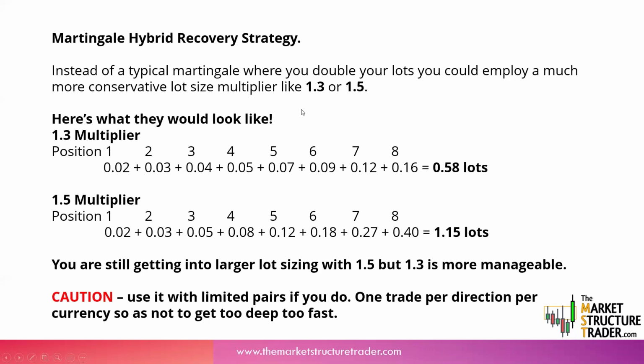With a hybrid recovery using a 1.3 multiplier, we are only trading 0.58 lots in total after 8 positions. Now that is still significantly bigger than the 0.16 we should be trading if we'd taken 8 positions at 0.02, all right? But it's way less aggressive and dangerous than Martingale. And it also allows you to get your average entry, your position entry, much closer to price, much faster.